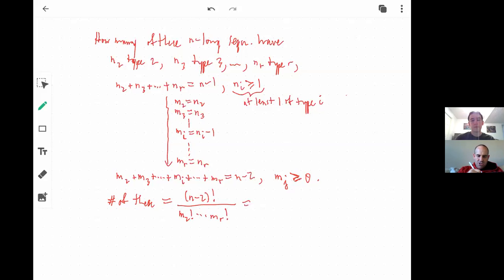And that's actually something called the multinomial coefficient.